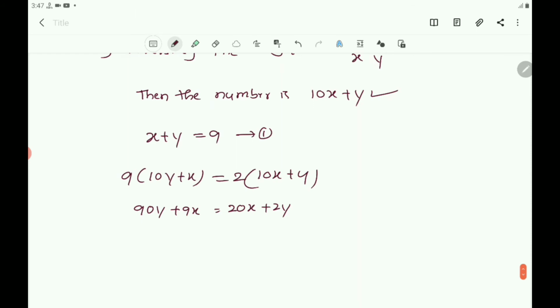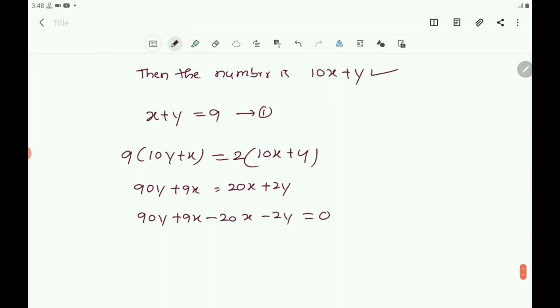Then by transferring the variables x and y to the LHS, we get 90y plus 9x minus 20x minus 2y equals 0. 90y minus 2y is 88y, and 9x minus 20x is minus 11x.